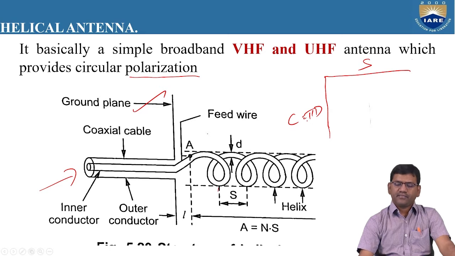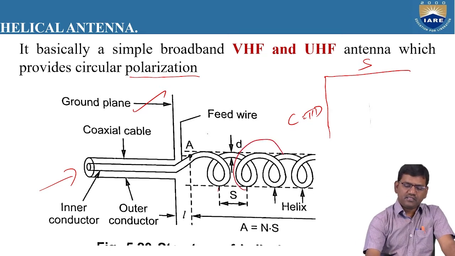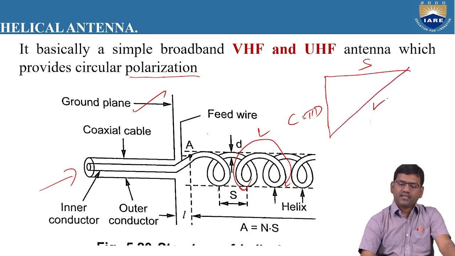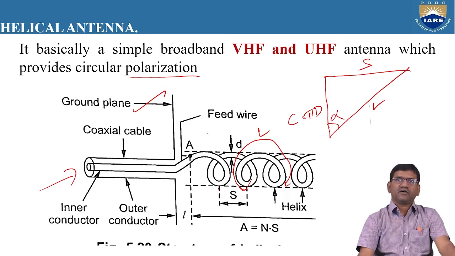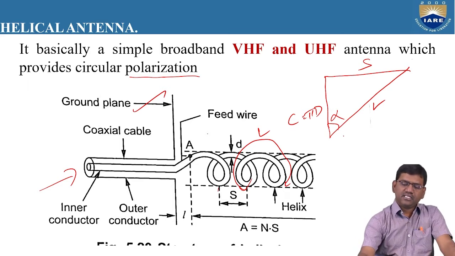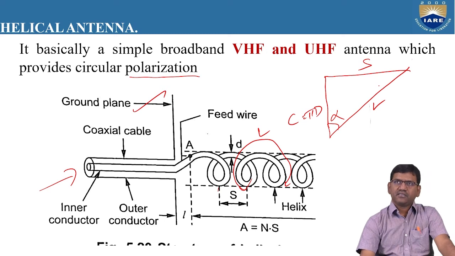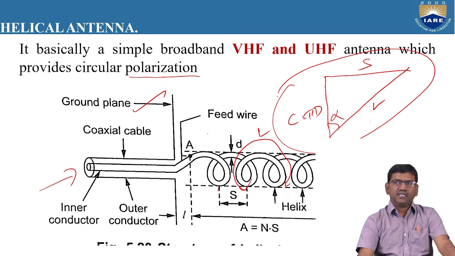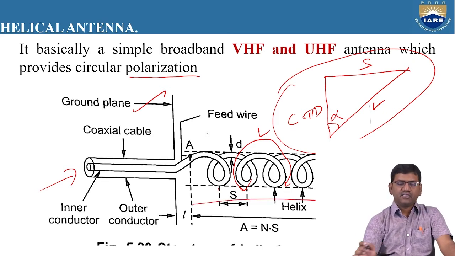This is the length of one turn, which we indicate as L. And this angle we call alpha, which is known as the pitch angle alpha. This is the equivalent diagram drawn from the basic structure of the helical antenna.